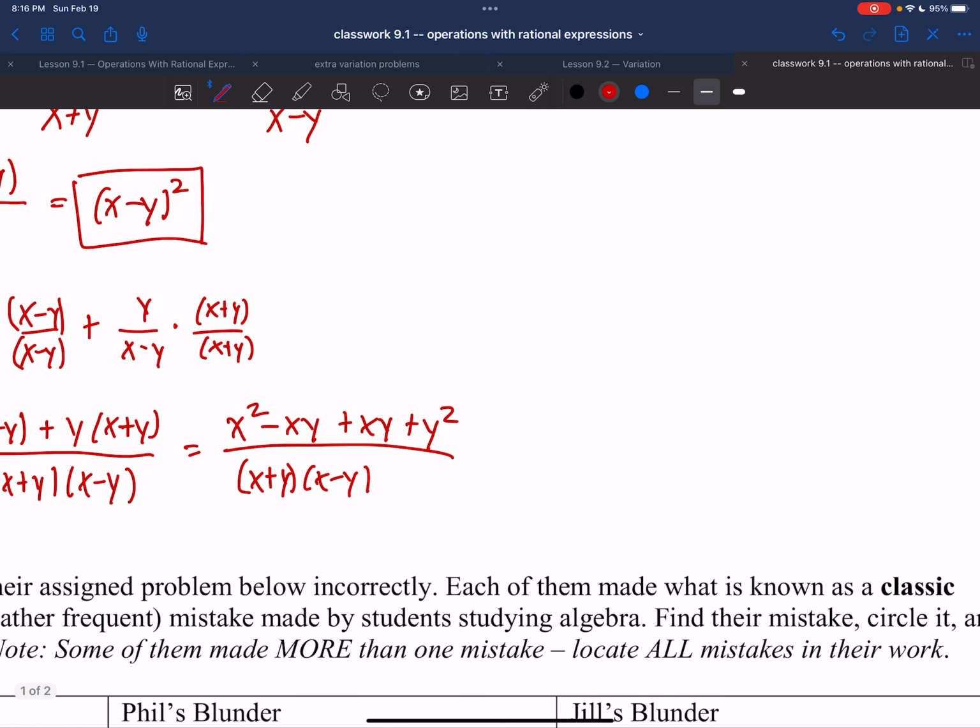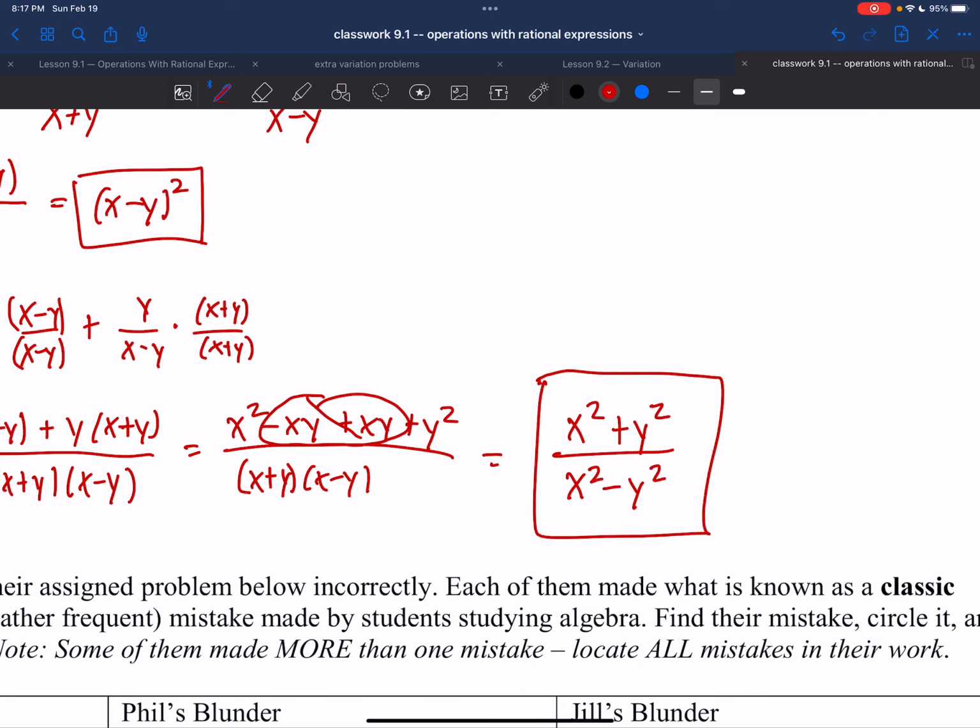And those middle terms, negative xy and positive xy, cancel. So this just ends up being x squared plus y squared over, if you want to, that's the difference of squares, which you could expand as x squared minus y squared.